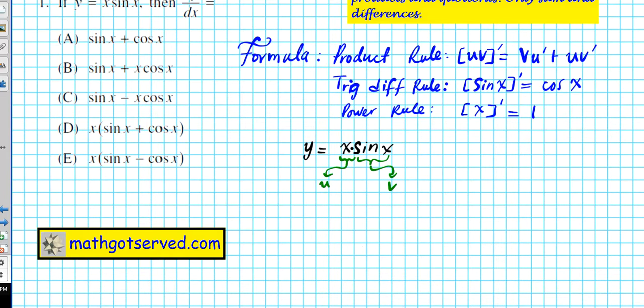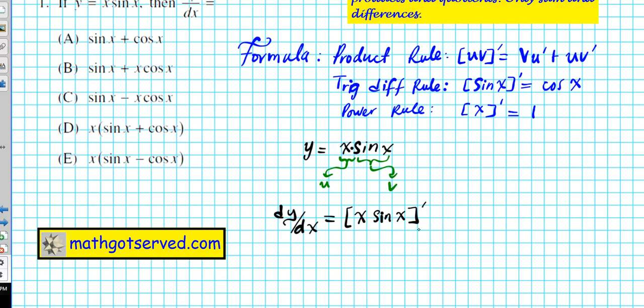So what is dy dx? dy dx is equal to (x sine x)'. Remember, prime and dy dx are the same thing.